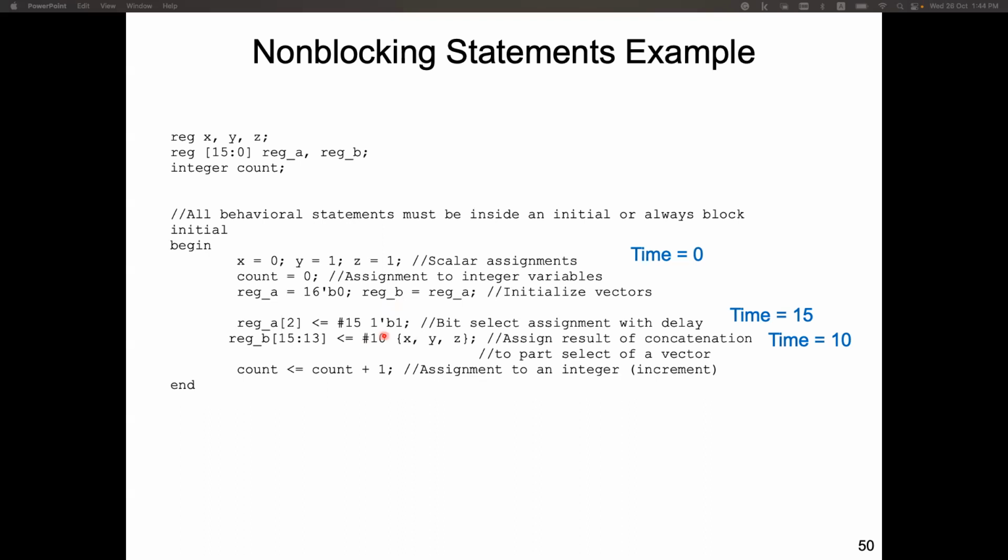So this line won't wait for the execution of this line. So the time difference tells the difference between the non-blocking assignment and blocking assignment.